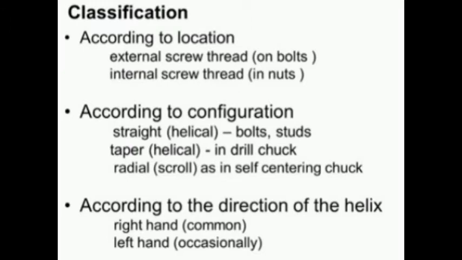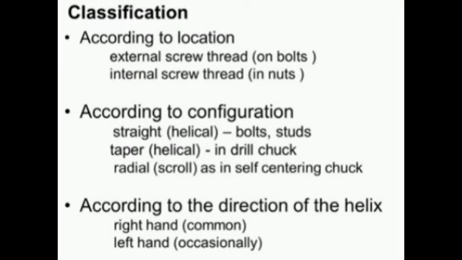They are classified according to the location, that is, whether the screw threads are made on an external surface, as in bolts, or on an internal surface, as in nuts.